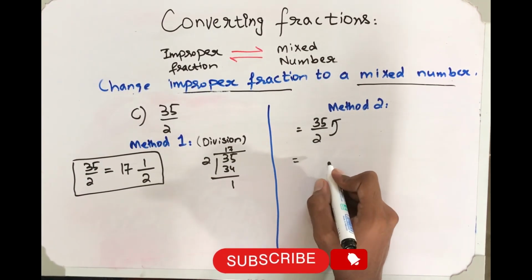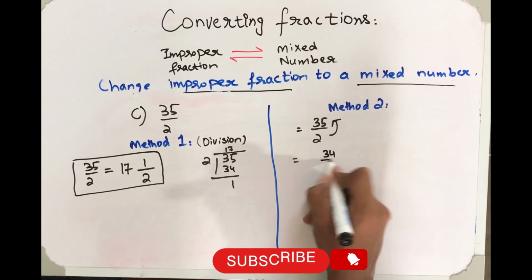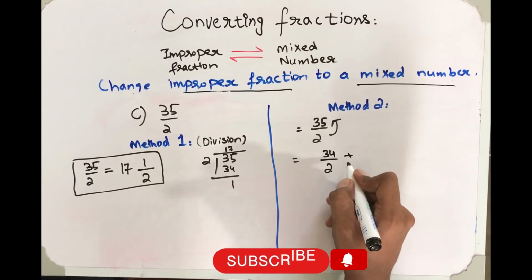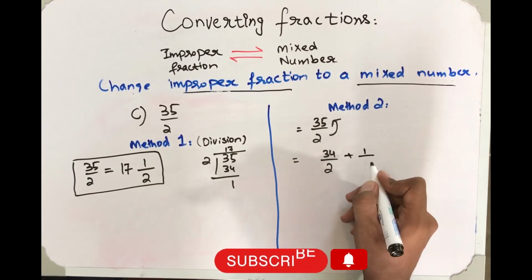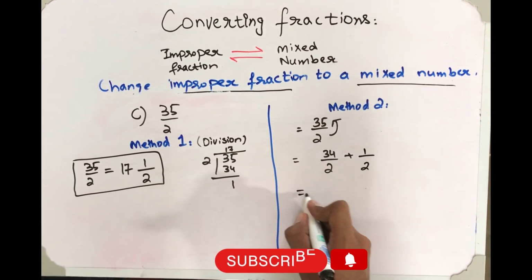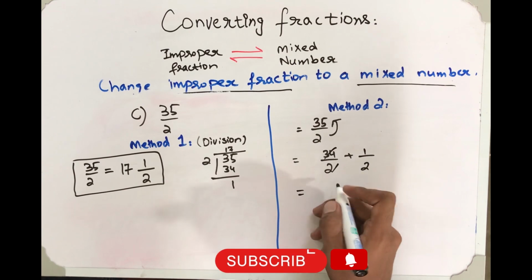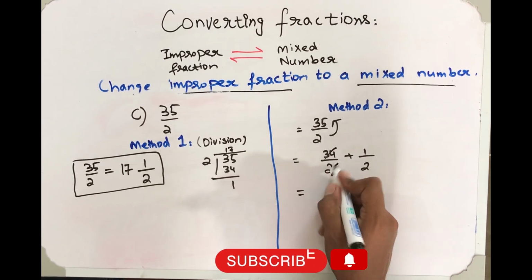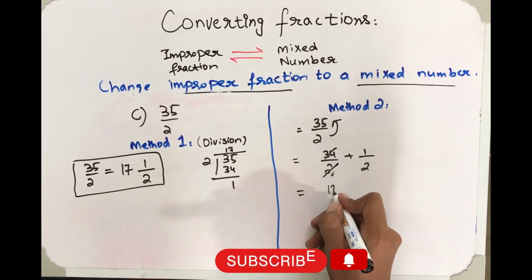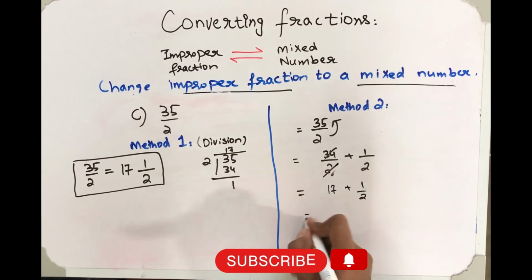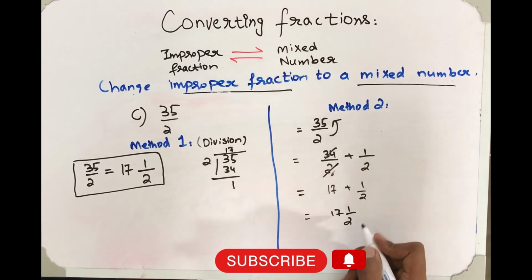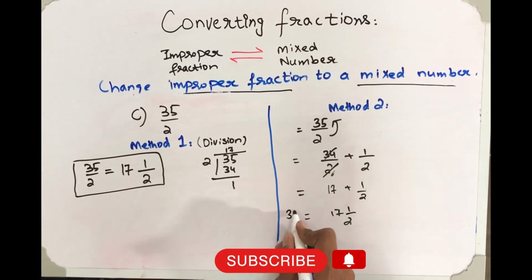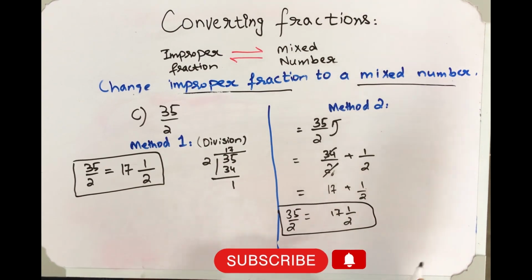So I am well aware that 34 is a multiple of 2, and after taking 34 from 35 we are left with only 1, and 1 by 2. 34 divided by 2 after simplifying gives 17 plus 1 upon 2. We can exclude this positive sign, so this is how we can convert an improper fraction into a mixed number.